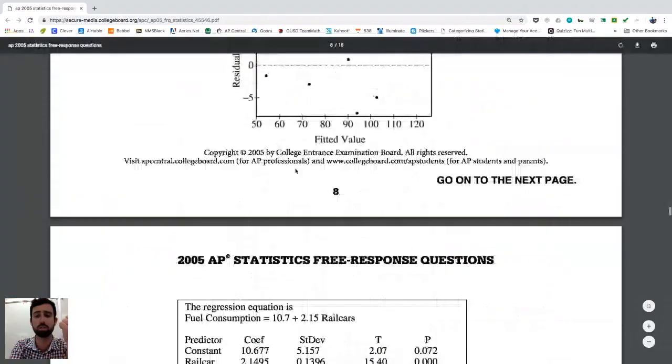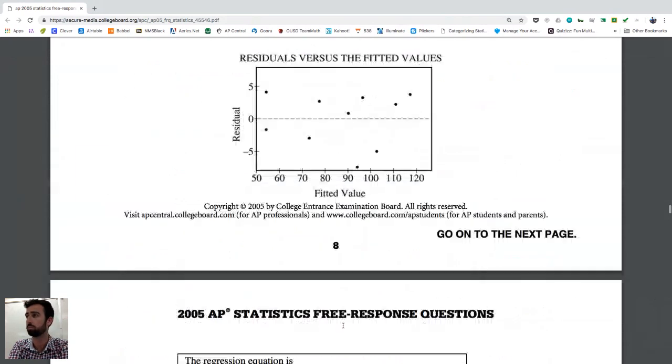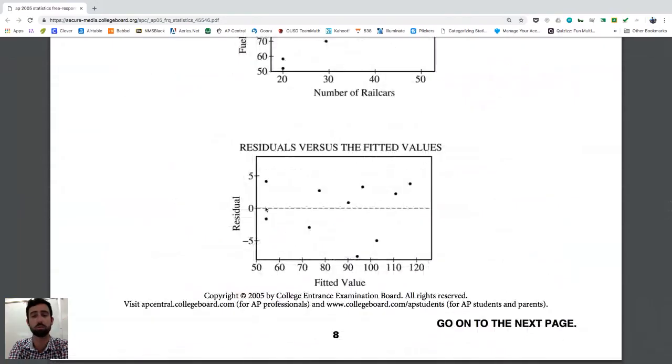Based off of our residual plot, which is scattered with no pattern above and below the residual line, and our R value being so strong, we know a linear model is appropriate for this data. And once again, your residual is the value from this line all the way up here.